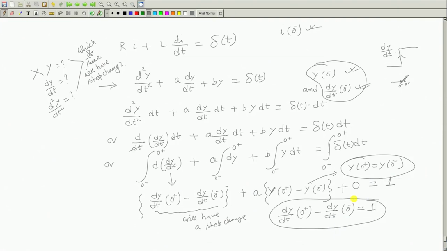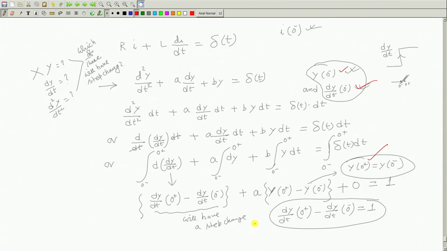So, you have been provided with how many boundary conditions? These two. Now, an impulse comes to this second order system. There was some y 0 minus; y 0 plus will not have a step change, it will be continuous. So I will now calculate y 0 plus, but dy dt will have a step jump like this. dy dt at 0 minus I know.